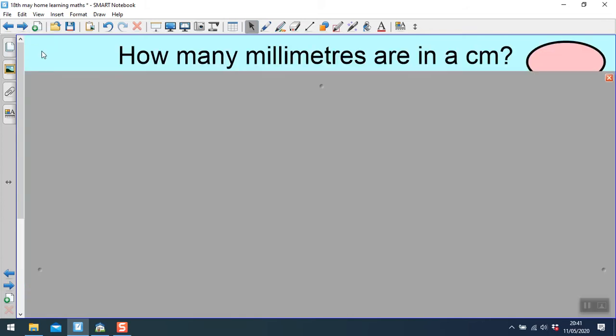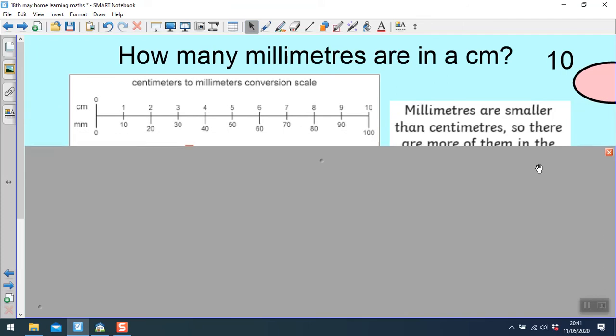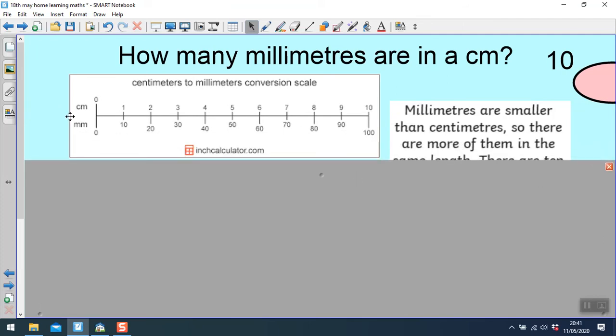How many millimetres are in a centimetre? Is it 10? Is it 100? Or is it 1,000? The answer is 10. So here we've got a picture of a scale, and you might see something like this at school. On your ruler at school you have got millimetres on one side and centimetres on the other, and your millimetres are really small.